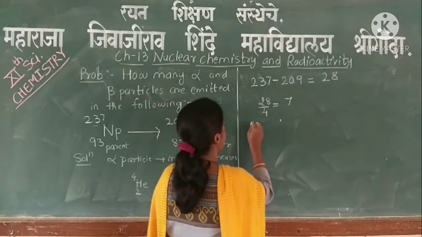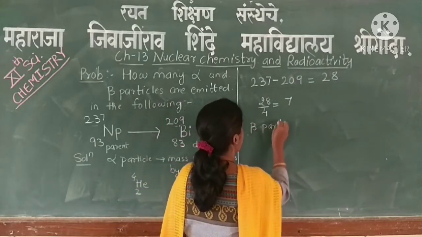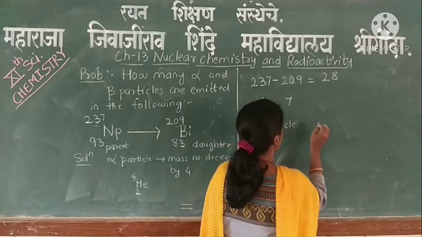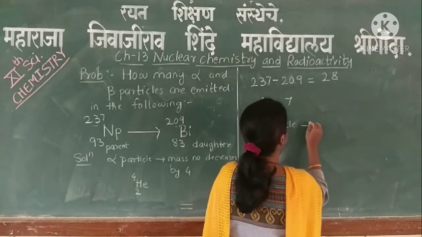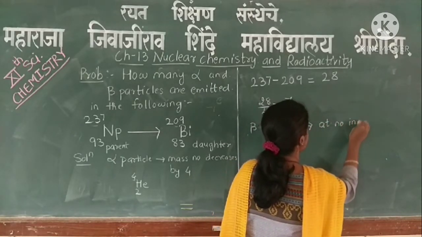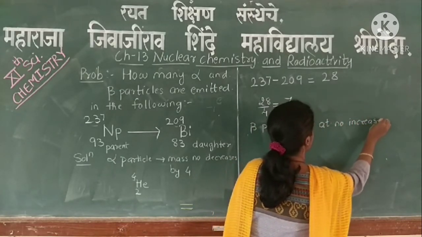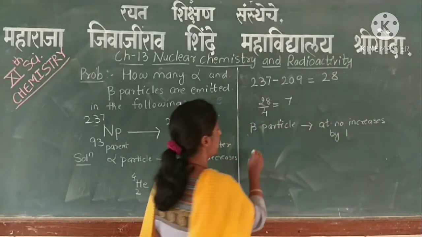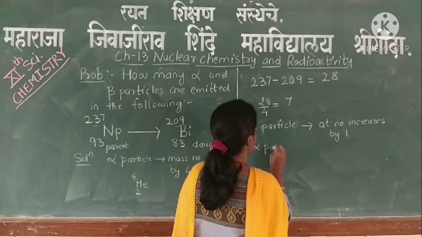So what happens when a beta particle is emitted? When a beta particle is emitted, atomic number increases by 1. Okay, and for an alpha particle, what happens?